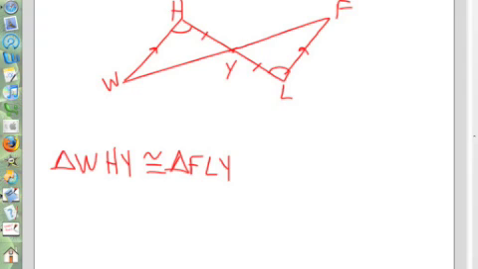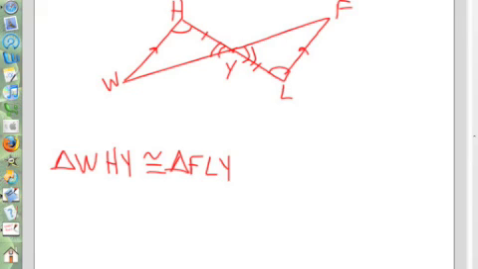Okay. And then, Jacob? Angle Y is congruent to angle Y, vertical angles, so you do the angle side angle.